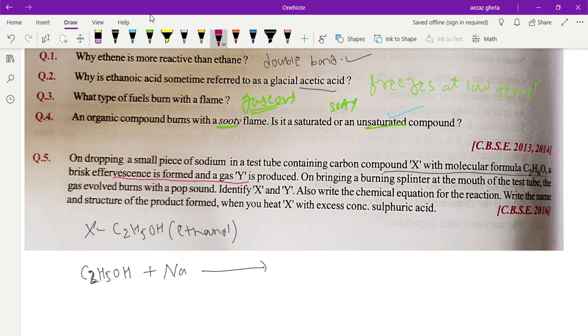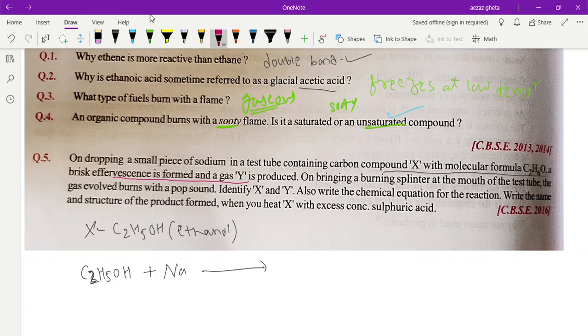So a gas is produced, which is Y, like effervescence will come and Y gas is produced. So that Y gas, on bringing a burning splinter or candle at the mouth of the test tube, the gas evolved burns with a pop sound. That's the question. It burns with a pop sound.